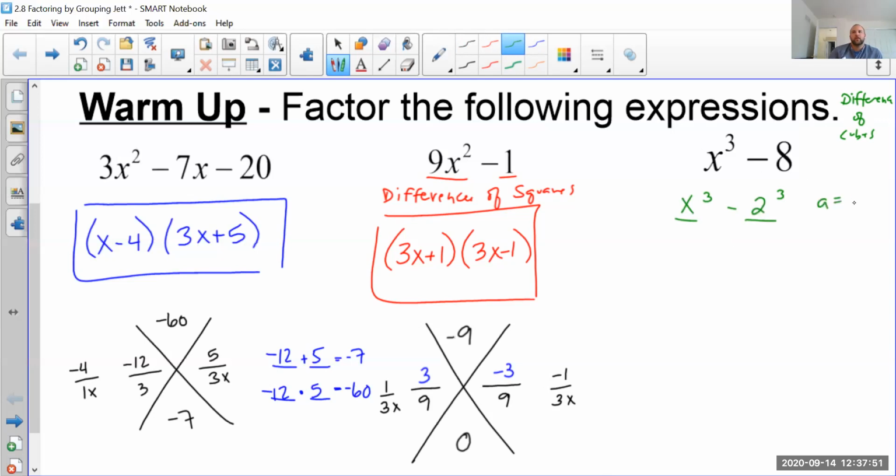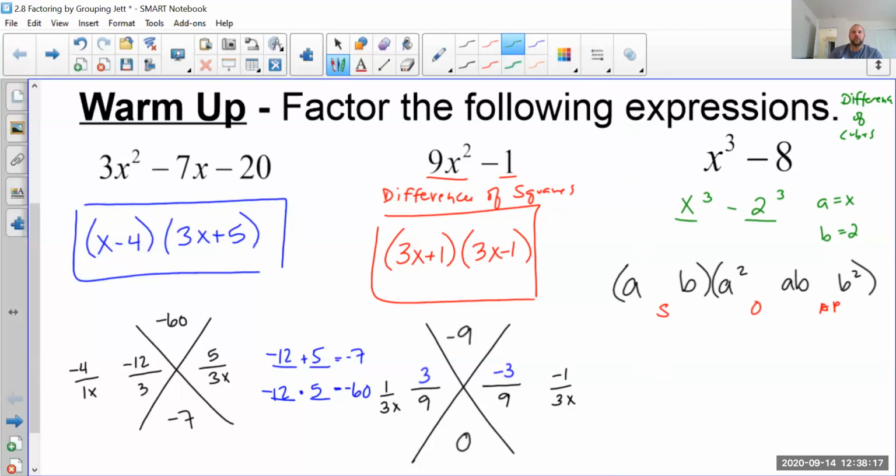So my a is x, my b is 2. And this is where we factor it into a minus b, a squared plus ab plus b squared. And then this is where we use our SOAP: same sign, opposite sign, always positive.